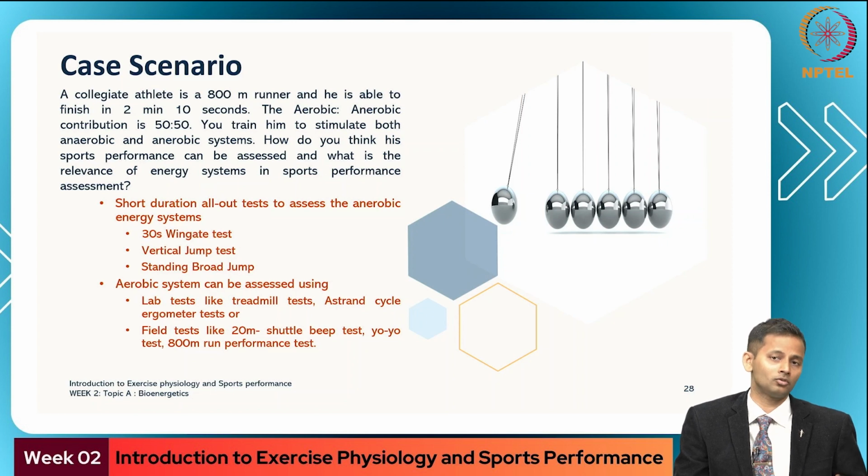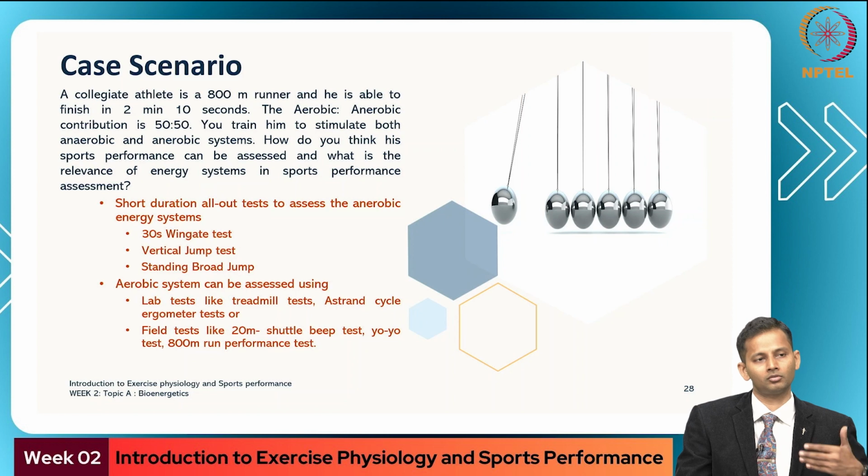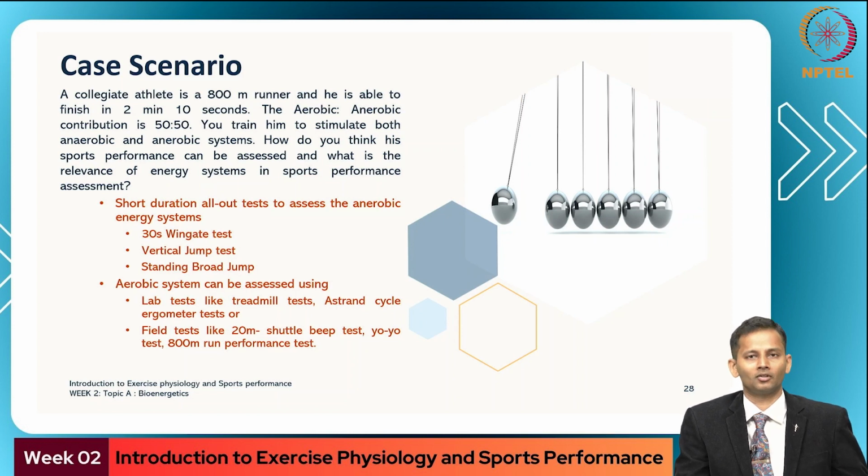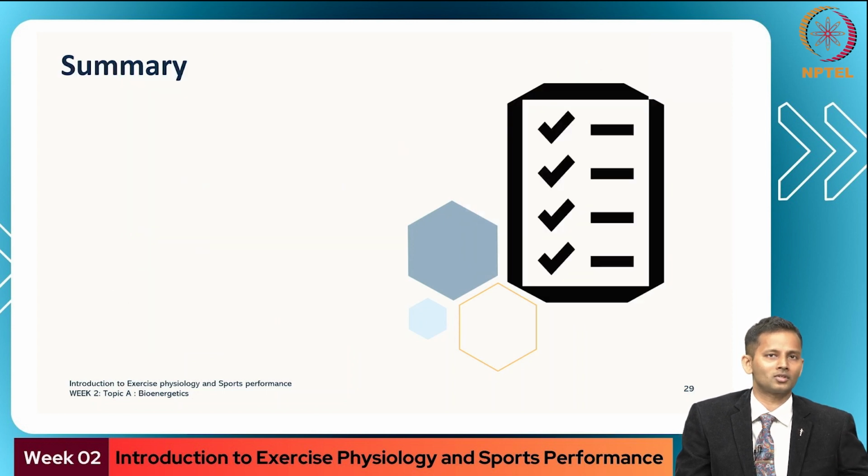You can also use a performance test. This guy is an 800-meter athlete, right? So you can also time the performance and then assess it. These are the ways by which you can apply the energy system, with the best of your scientific knowledge, to your sports training.